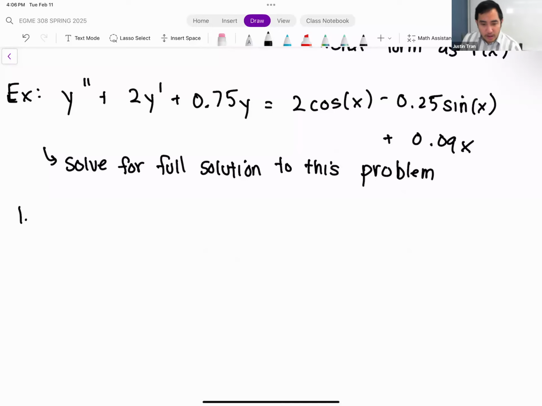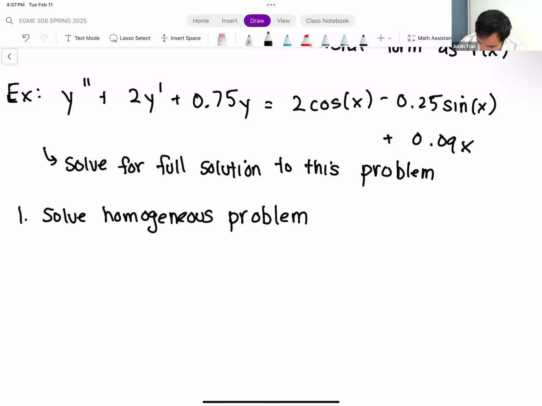Okay, so step one is to solve what's called the homogeneous problem. With the homogeneous problem, we're going to set the right-hand side equal to 0 and solve it using the characteristic equation.